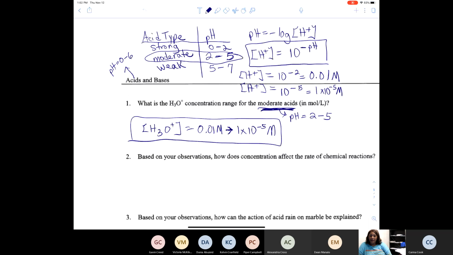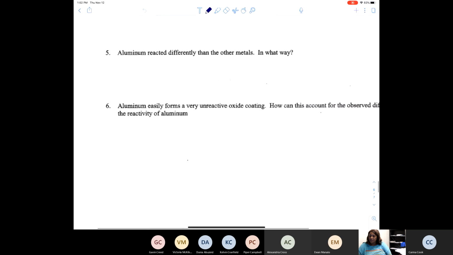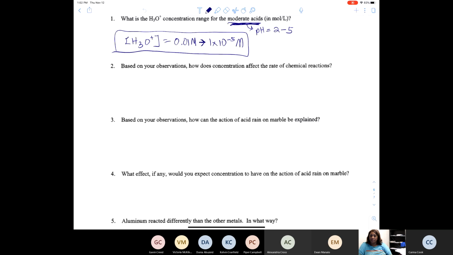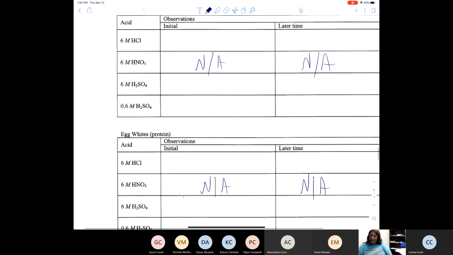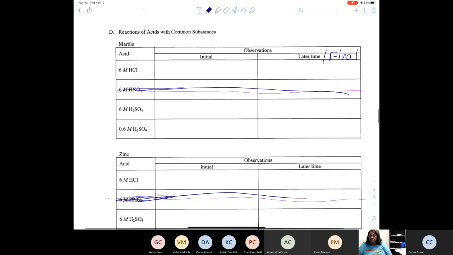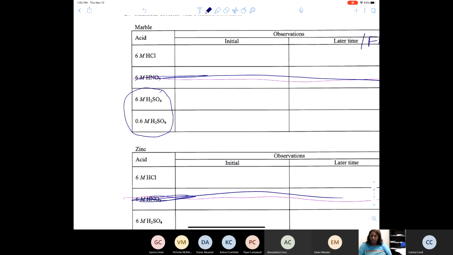Are there any other questions about your post-lab questions 1 through 6? For question 2, they want you to take a look at a comparison between your results and observations that you saw for the 6 molar H2SO4 versus the 0.6 molar H2SO4.